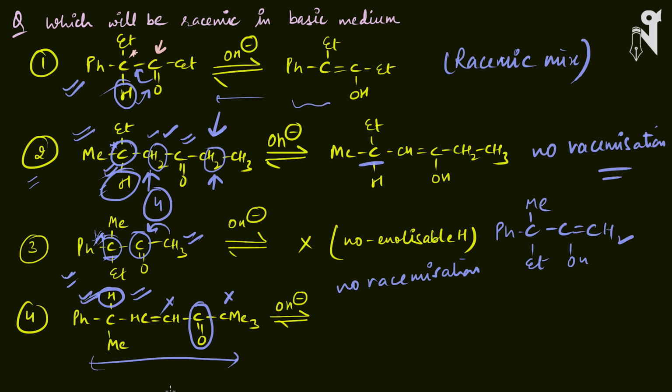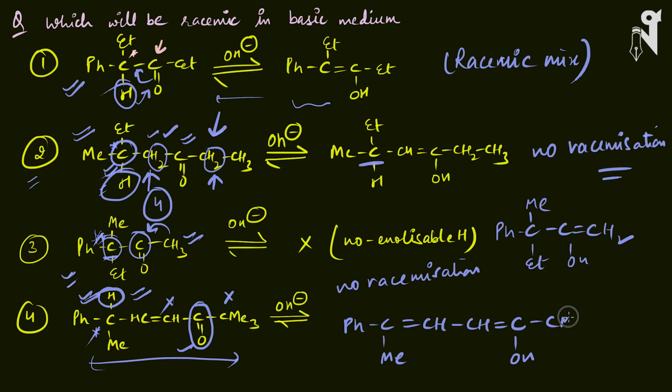This is my chiral carbon. It has enolizable hydrogen. This hydrogen, through the resonance process or through conjugation, will come over here, and the pi bond shift will happen. So the product will be PhC(Me)=CH-CH=C(OH)-CMe3.